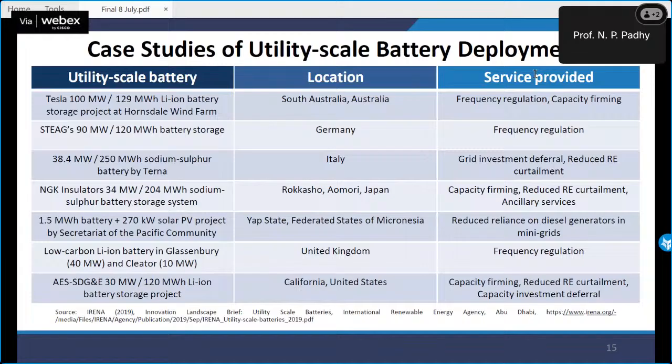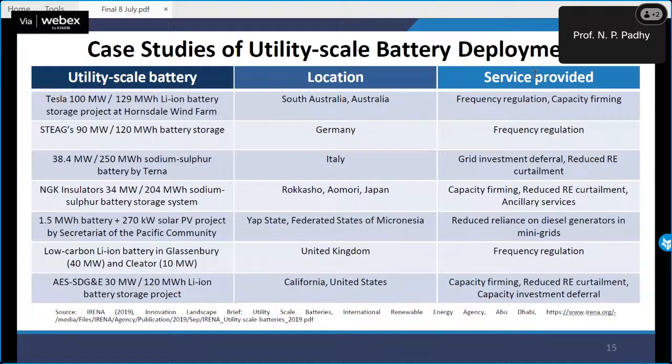For example, in my own lab, we have 150 kilowatt hour, which is 75 multiplied by 2, becomes 150 kilowatt hour. Okay, so we say it is a 75 kilowatt/150 kilowatt hour lithium ion battery installed in the Department of Humanities of Hydro, something like that.